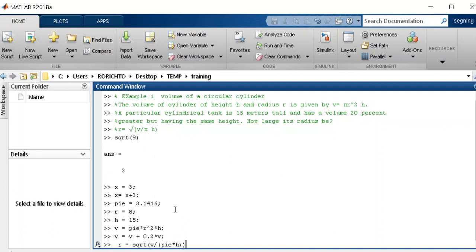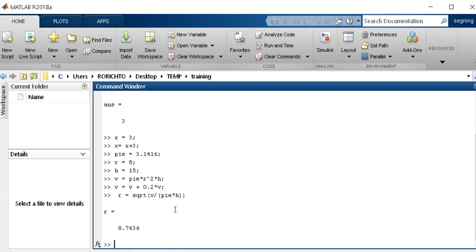Then we close, then press enter. Where R, that is the answer.